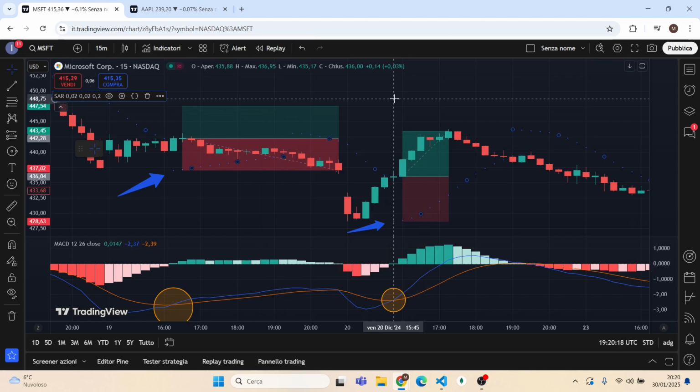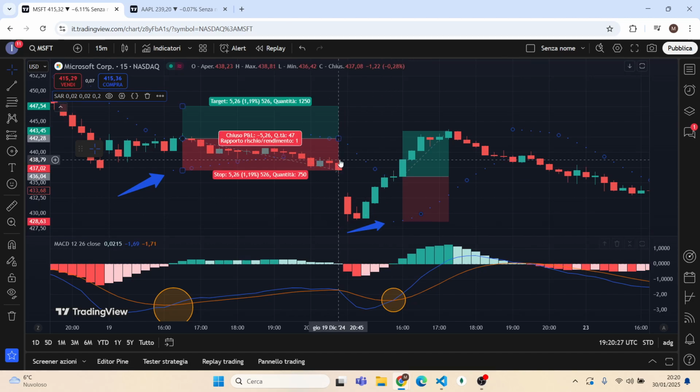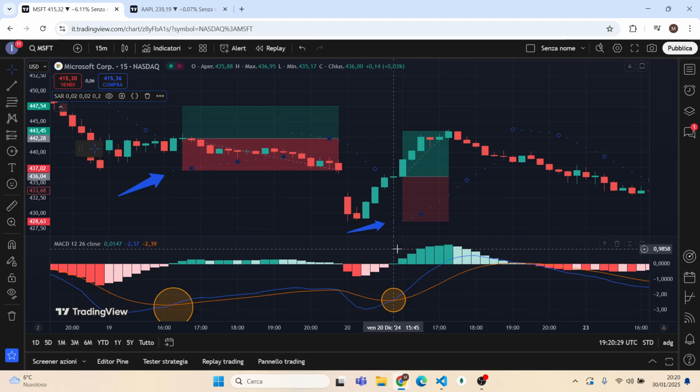Okay, now that you have these 2 indicators on the chart, you are almost ready to try this strategy. So what will you need? Let's look at this buy trade. In order to open a buy trade, you have to check that the blue dot goes below the candles, and it must have been above before, so here it happens.